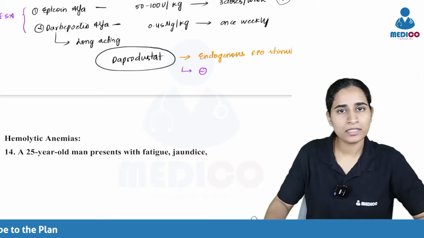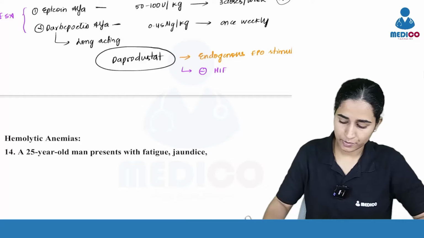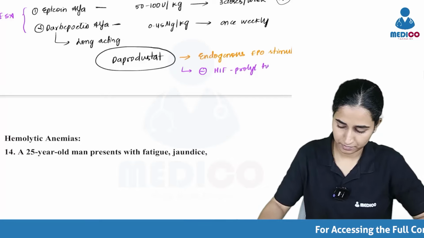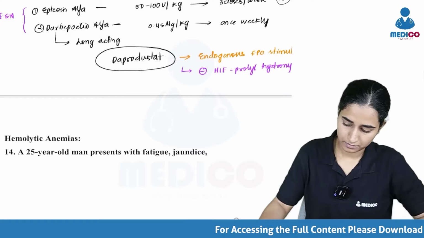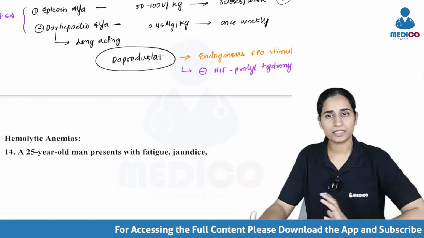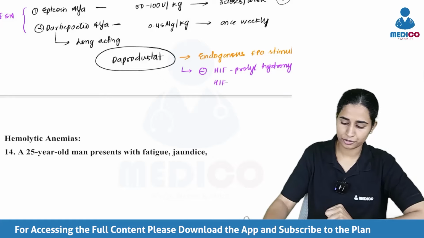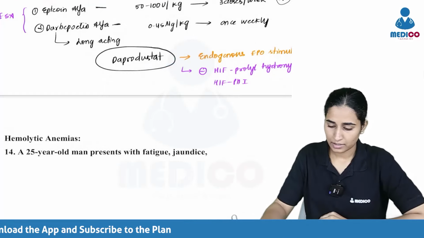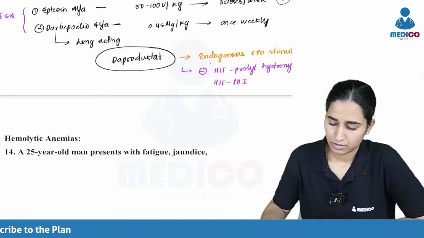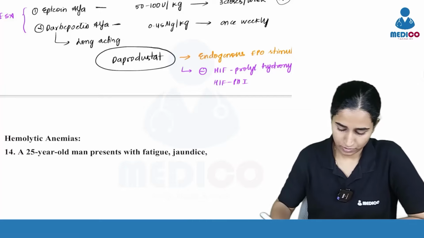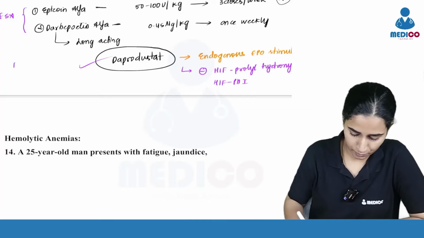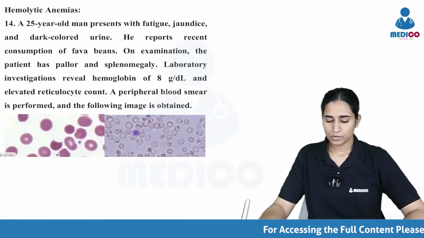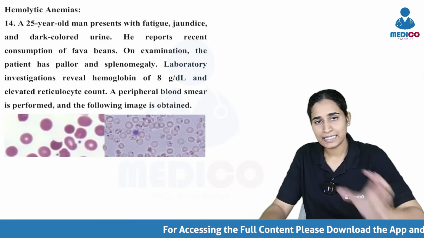How does it work? It inhibits hypoxia inducible factor prolyl hydroxylase. That is the mechanism of action. It will inhibit this HIF PH inhibitor and endogenously stimulates EPO. So daprodustat is newly FDA approved. So that is about anemia of chronic disease in CKD.